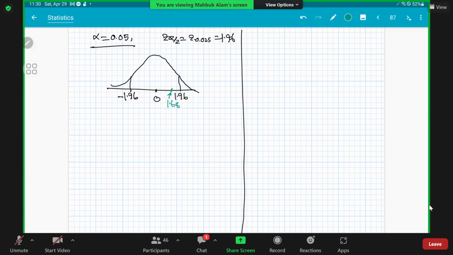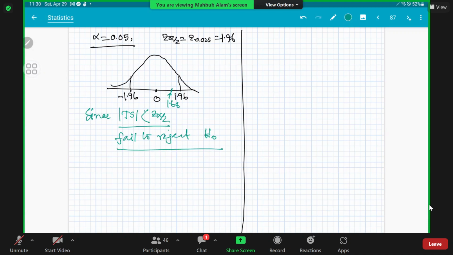So we take the decision that since the absolute value of TS is less than Z alpha by 2, that is, 1.68 is greater than minus 1.96 and less than plus 1.96, we say we fail to reject the null hypothesis H0.